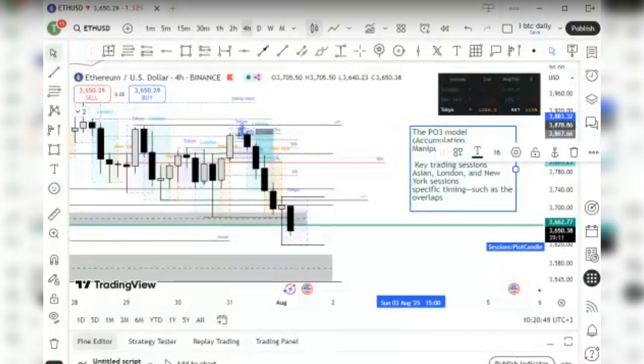So this behavior reflects the ongoing process of accumulation, where institutional buyers accumulate positions. Manipulation, where price action temporarily misleads retail traders. Accumulation, you can name it as consolidation, or the market is just ranging.